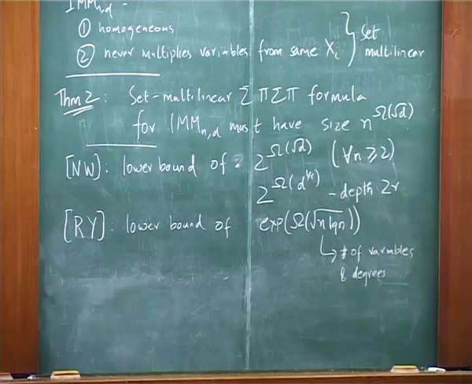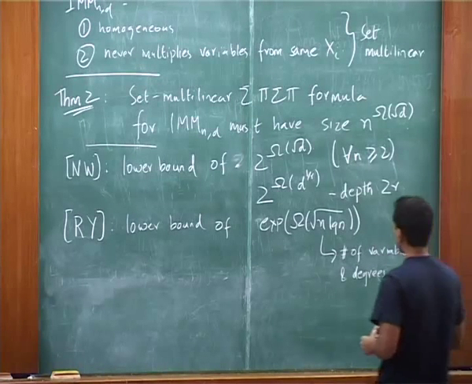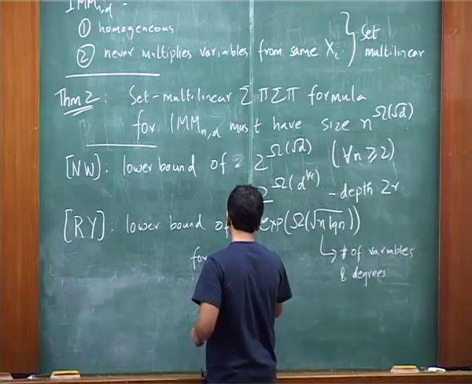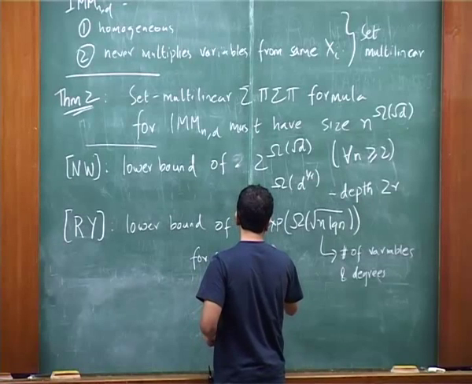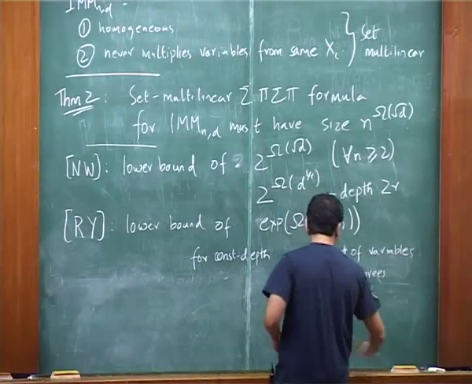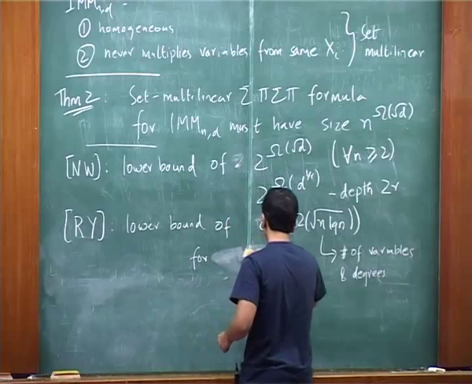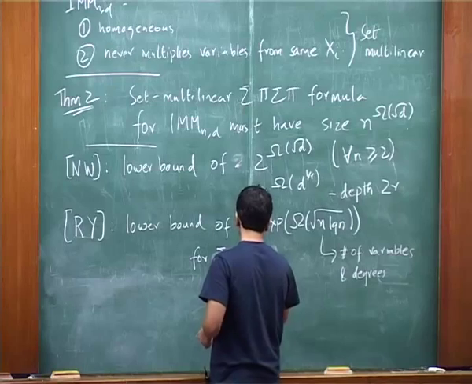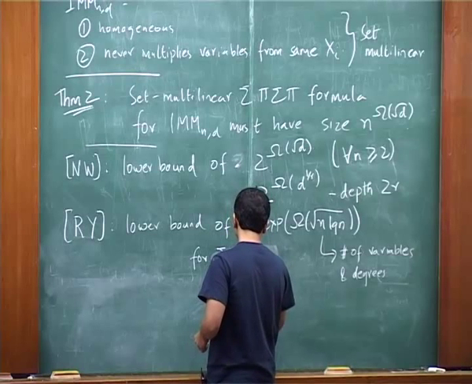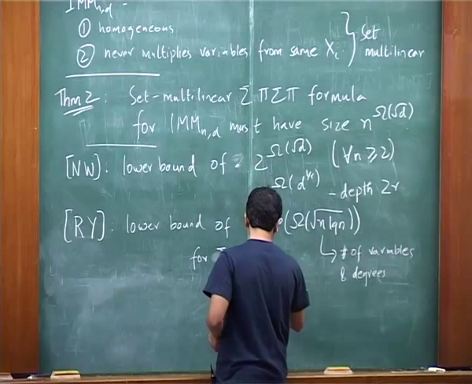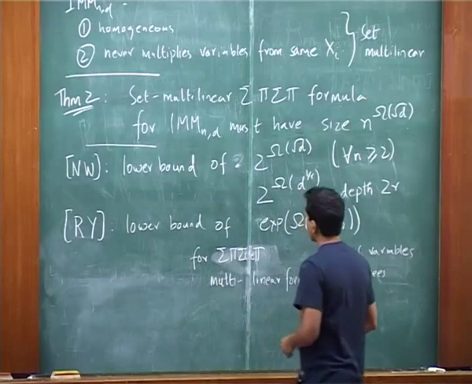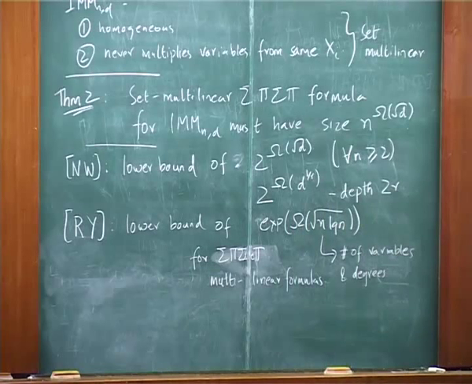So there are lower bounds of this much, not just for the set multilinear world, but even for constant depth multilinear sigma pi. And again there are extensions to higher constant depths and so on.